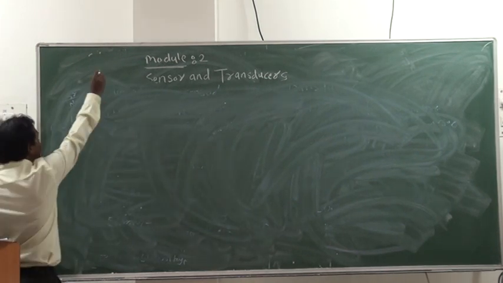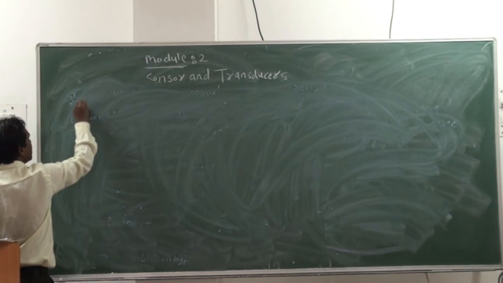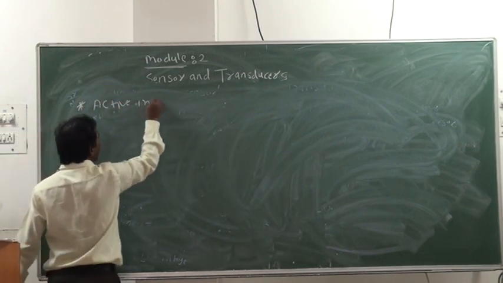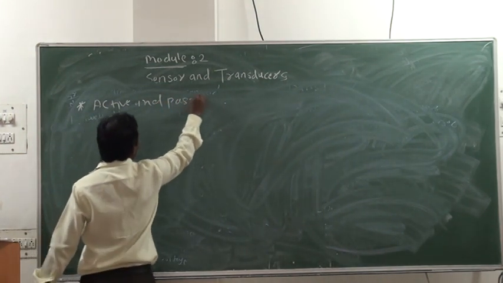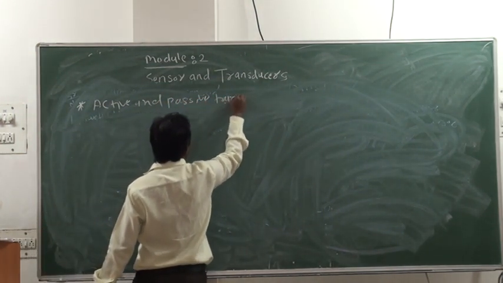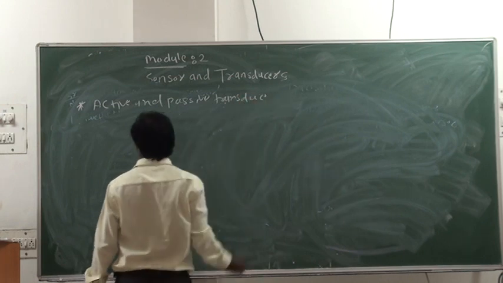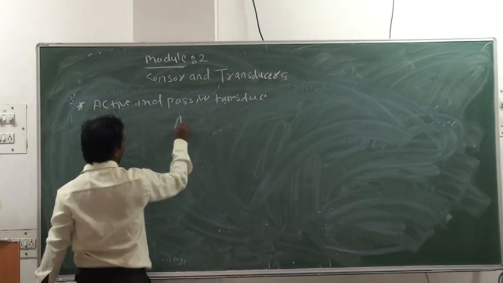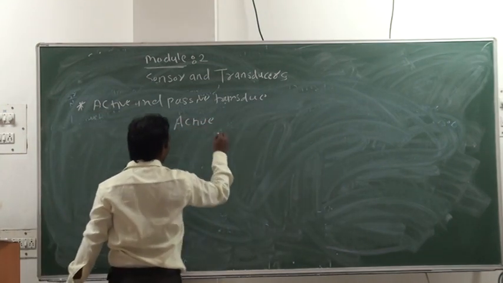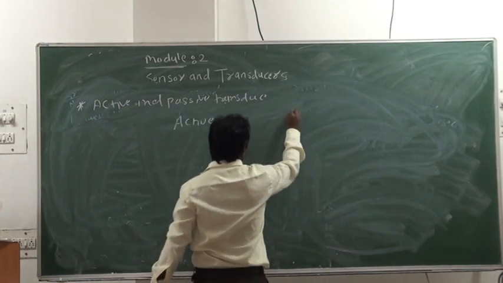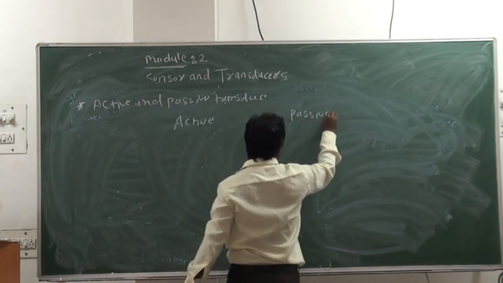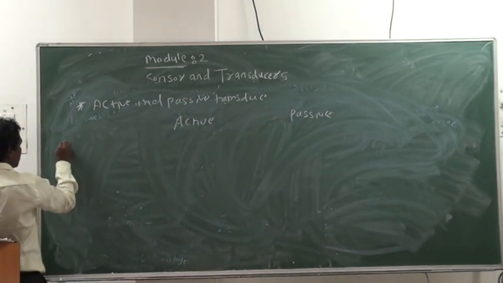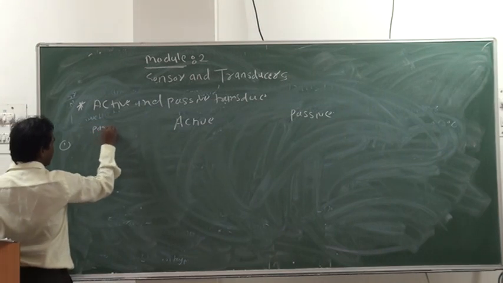So next point, active and passive transducer. We can differentiate along with the definitions as well as their parameters, active and passive. So what is the active? First parameter, that is definition.